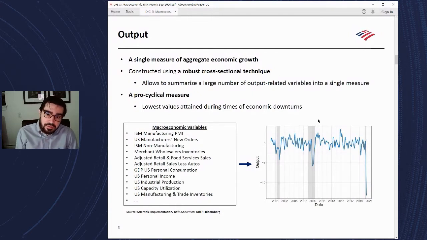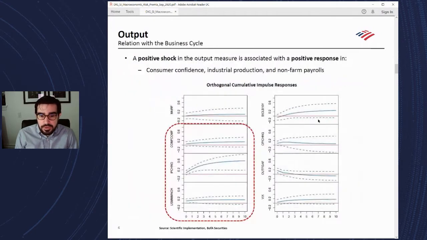Now, once we have this measure, and before we move forward to deriving signals and constructing a proper tactical asset allocation framework, we would like to make sure that this measure does actually have the right properties.